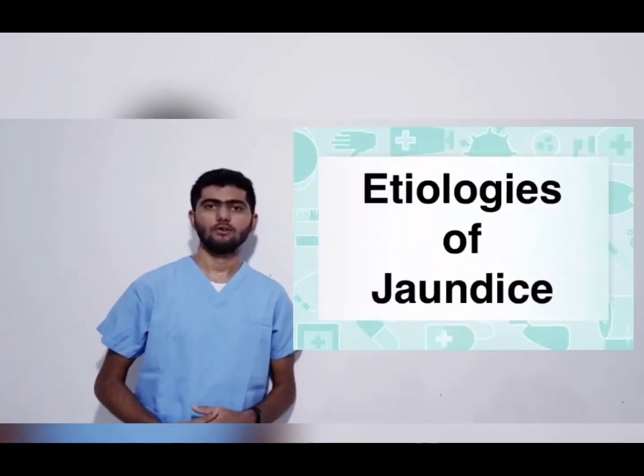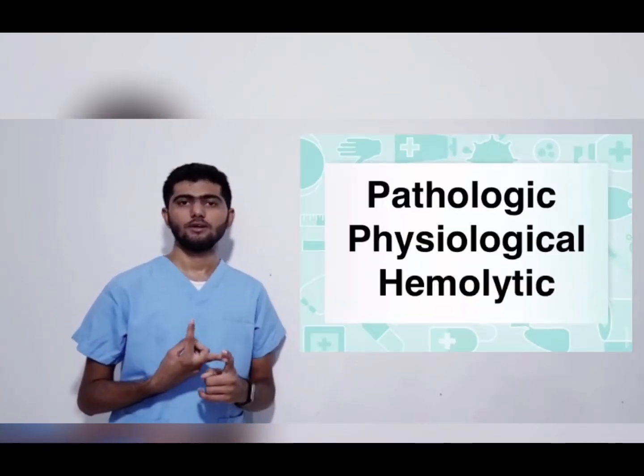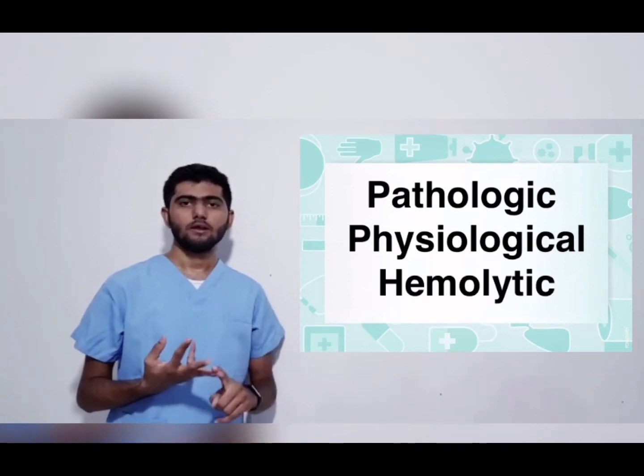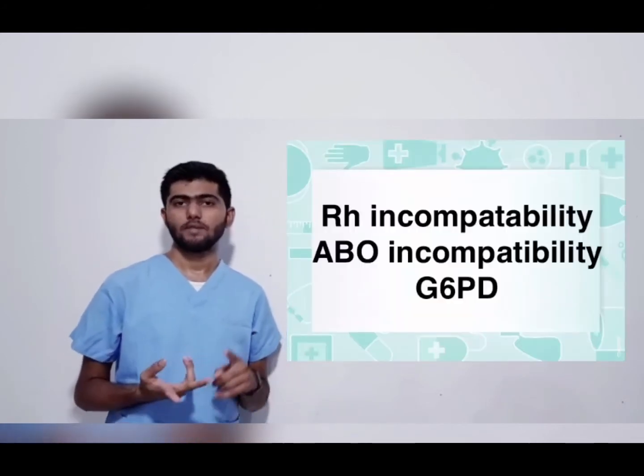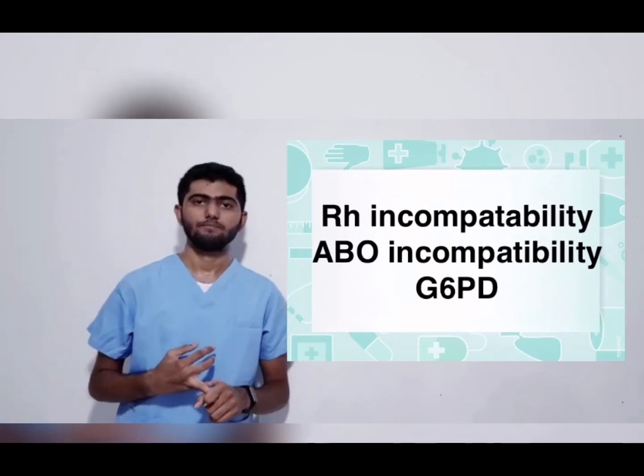Let us talk about the etiologies of jaundice or hyperbilirubinemia in neonates. There are several types, like pathologic jaundice, physiological jaundice, and hemolytic jaundice, and then some subtypes, for example Rh incompatibility, ABO incompatibility, and G6PD deficiency. First we will talk about pathologic jaundice.